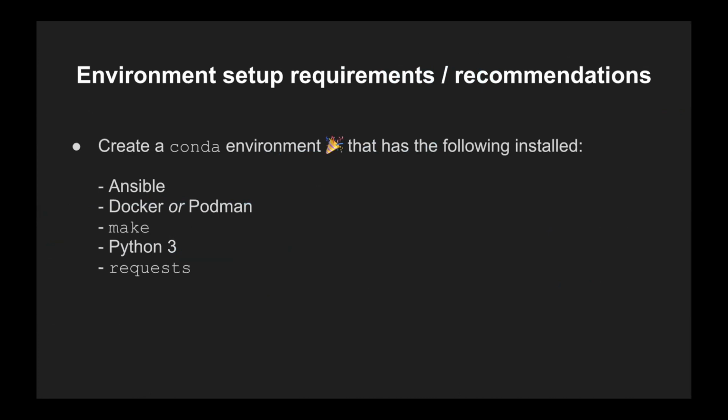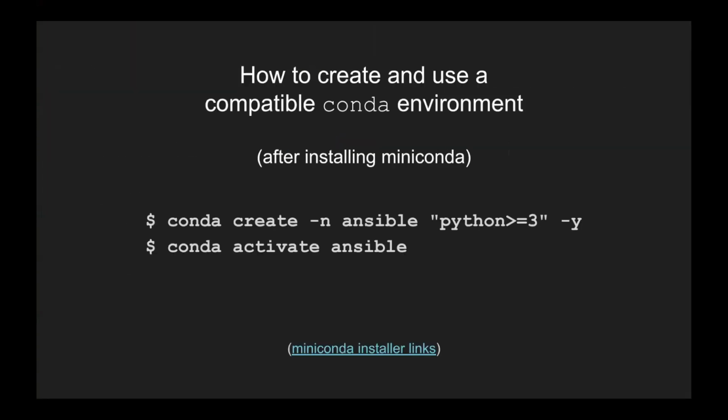Now, actually, I'm going to go over the environment. So I work at Anaconda, so I'm going to talk about Conda a little bit. What I did for this demo was I created a Conda environment that has the following things installed in it. I actually have a makefile too, so you can just make run if you want. I'm going to actually do the Ansible playbook option instead. But I made it as simple as possible for y'all if you want to use this later. And then I keep doing that instead of going to the next slide. Sorry about that.